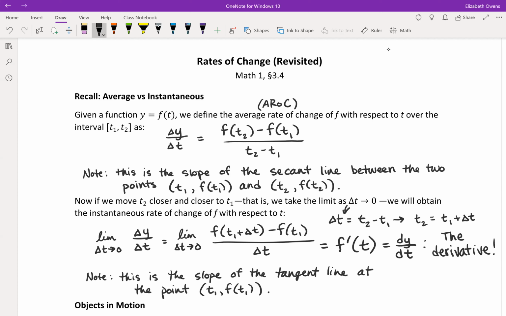Okay, so yeah, you'd use our old average rate of change formula, slope of the secant line, to find average rate of change of any quantity, and then you would use the derivative now to find an instantaneous rate of change.